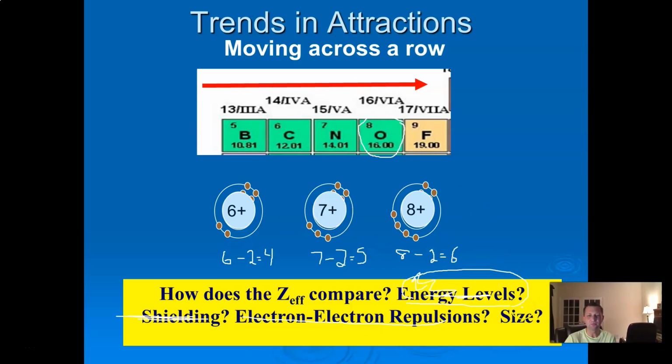So how does the size compare for these? If oxygen has the strongest Zeff, the strongest effective nuclear charge, these valence electrons are being pulled in more, right? So oxygen will be smaller, carbon will be larger. So moving across a row, left to right, the atomic radius gets smaller.